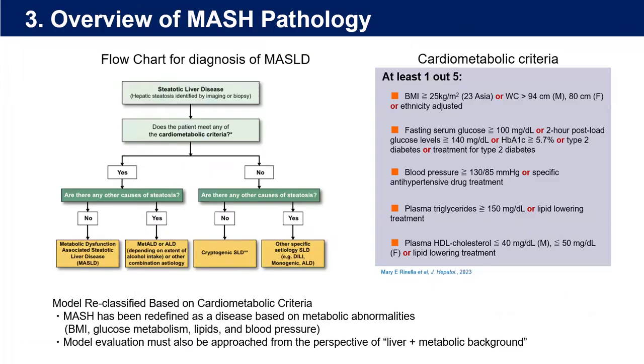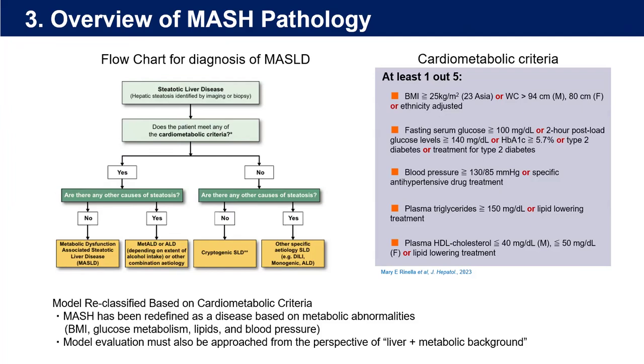In this slide, we will explain the diagnostic flowchart for MASLD and MASH. First, this flowchart illustrates the process for diagnosing MASLD in patients with confirmed fatty liver. We check for fat accumulation in the liver, then we rule out alcoholic and other liver diseases and assess whether metabolic abnormalities are present.